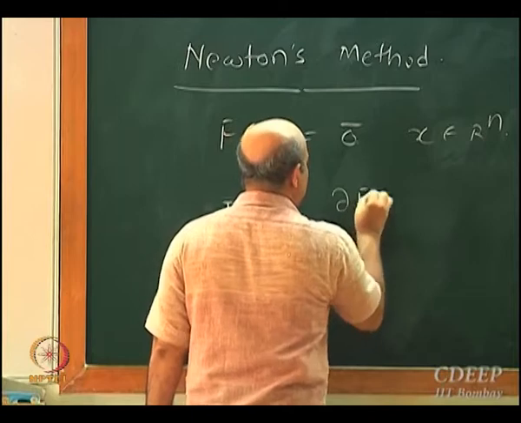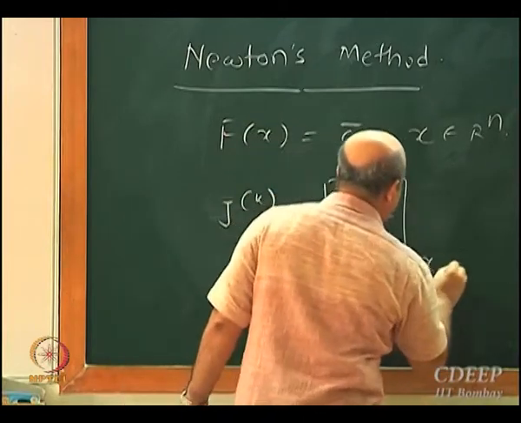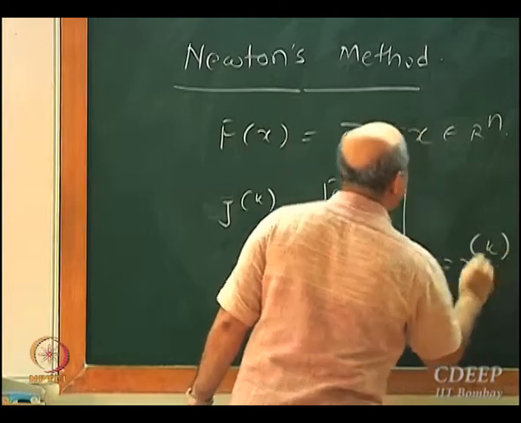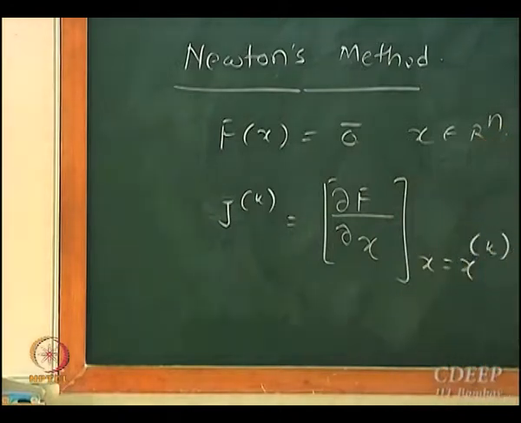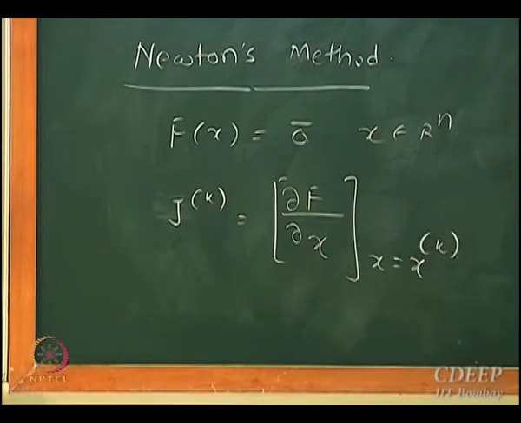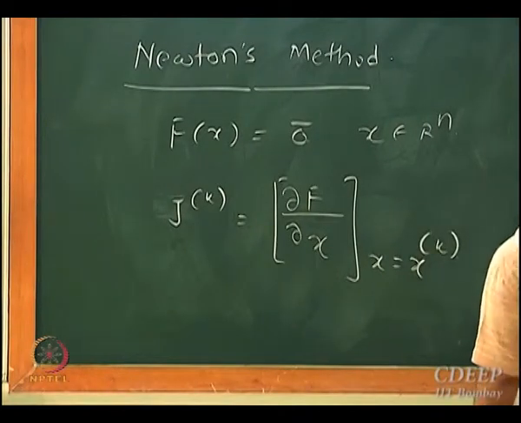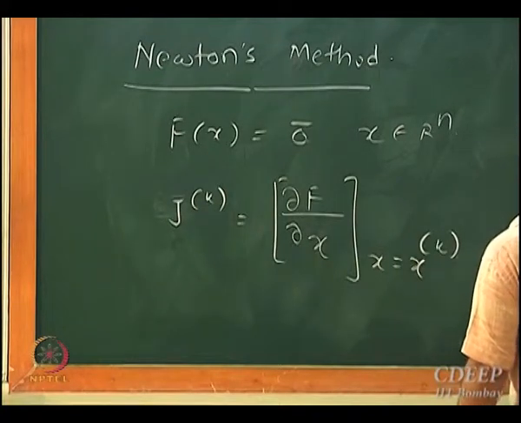Jk is dou f by dou x evaluated at x equal to xk, okay, and then one more notation that I am going to introduce here is f k.